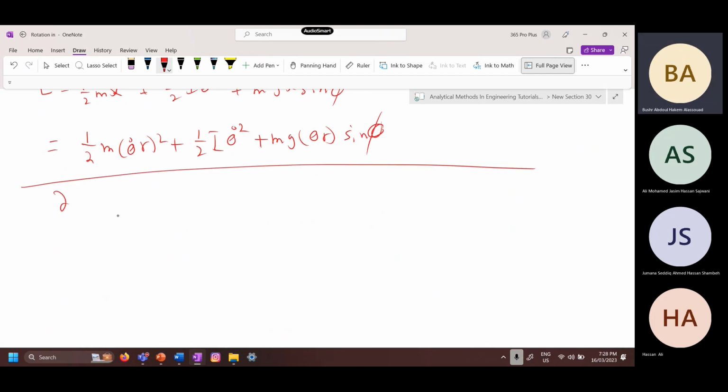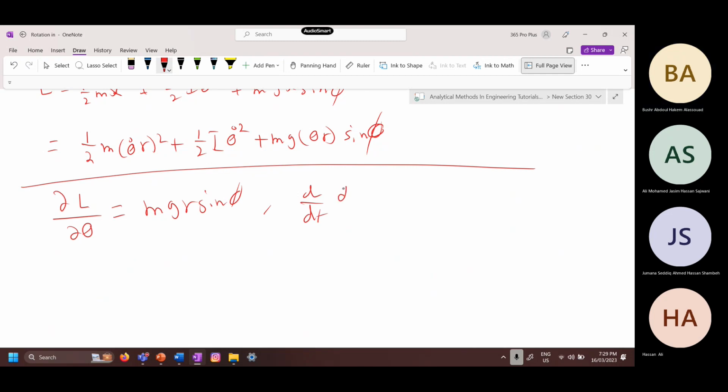Okay, now just find the elements of the Euler-Lagrange equation, or the mechanical module, call it whatever you want. So partial L over partial theta, you will get mg r sine phi. As for the other part, d over dt of partial L over partial theta dot, we get m theta double dot r squared plus I theta double dot.